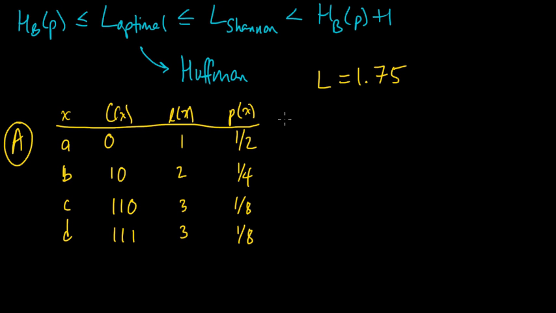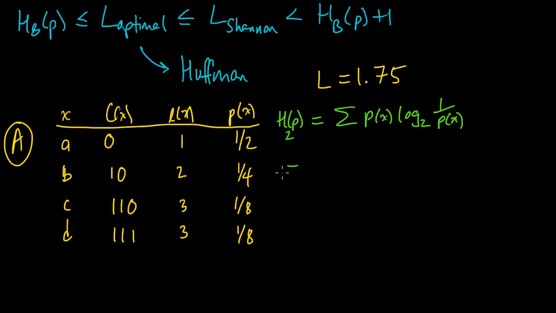So let's check that. The entropy of this source, and it's base 2 entropy, since we're dealing with binary here. What is that? Well, that's just the sum of the p_i's. I guess I could put p of x here to be consistent with this notation. Log 1 over p of x, and that's log base 2.